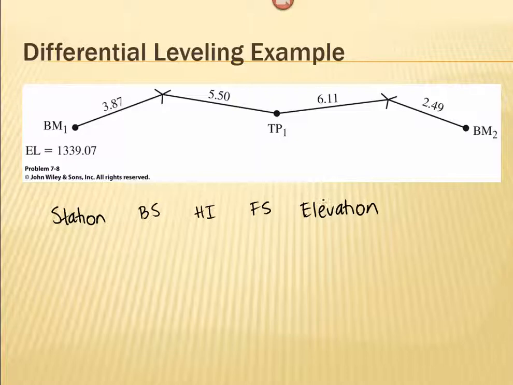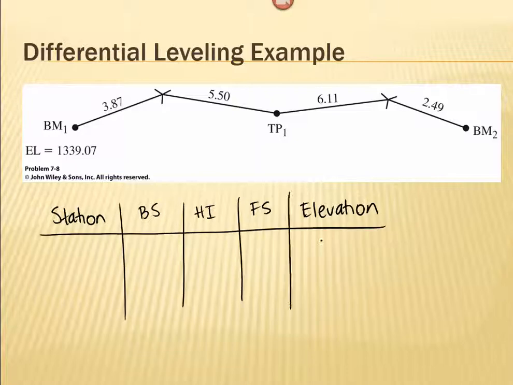I do have my initial elevation, which is 1339.07. We have benchmark 1, turning point 1. Here we only have one turning point, and we have benchmark 2.